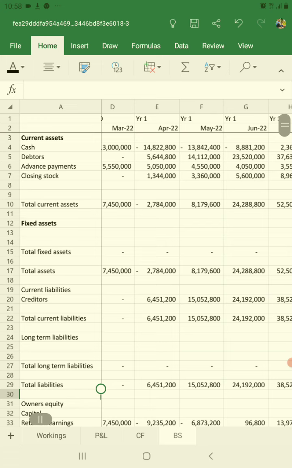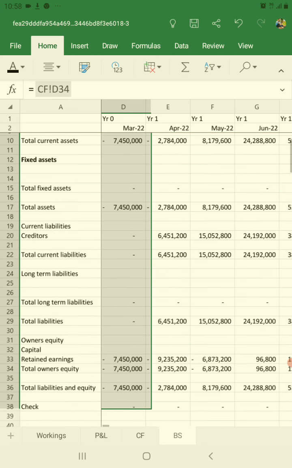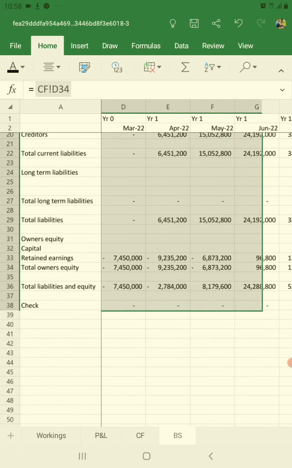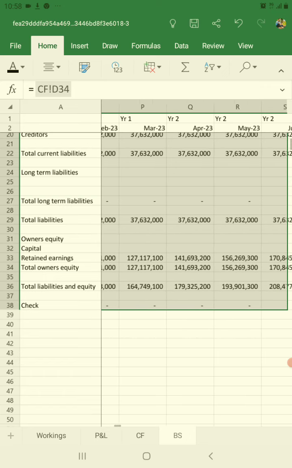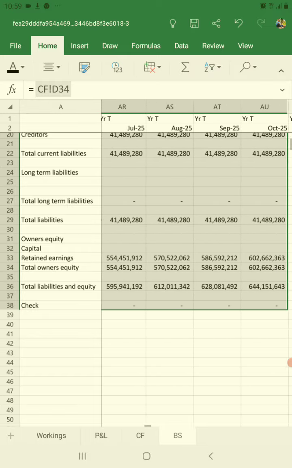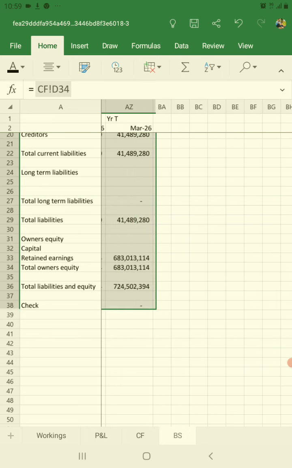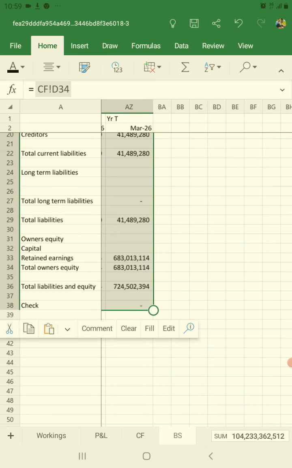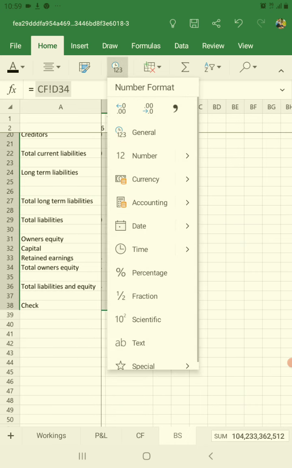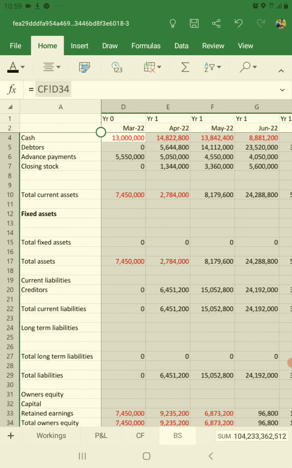Let me arrange this, format these so that the negative numbers should be red, so that we see what I'm talking about. Then go to this option, negative number should be in this format.